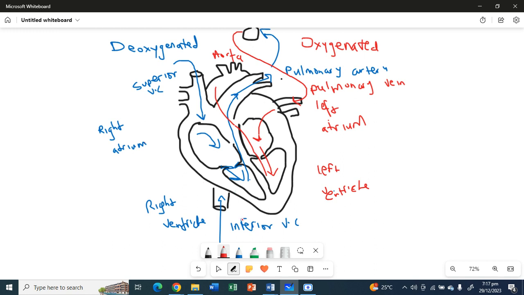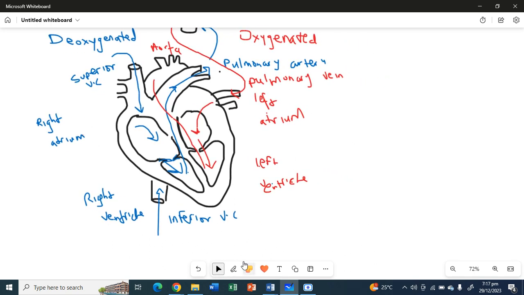So here's just a summary of how blood moves through the heart. First, deoxygenated blood comes in through the superior vena cava and the inferior vena cava. Then it enters the right atrium.